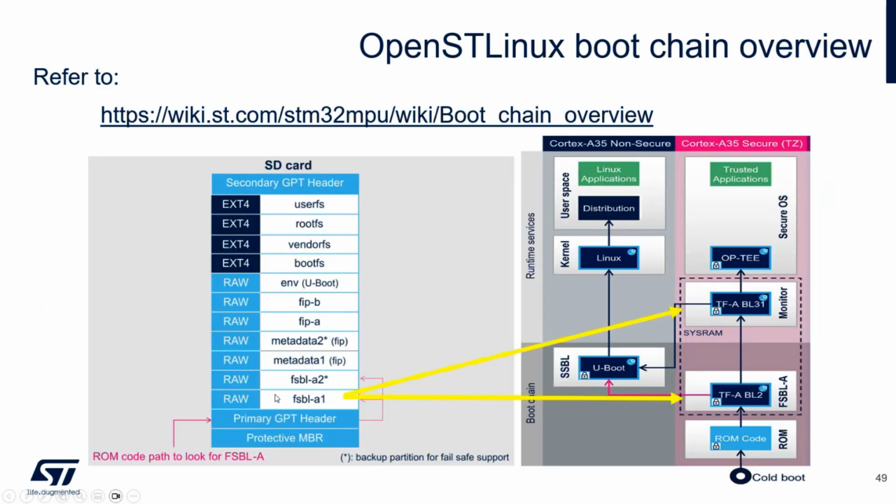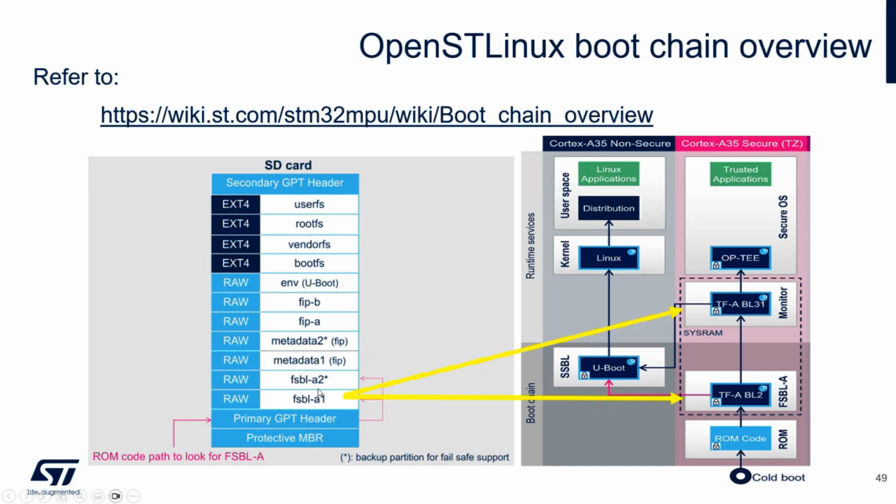So we have seen this in the TSV. We have the first stage bootloader, that is TFA. We have two versions because it's for redundancy and security, because when your flash is getting older, you can have some issues. So for the ROM code we have a backup.